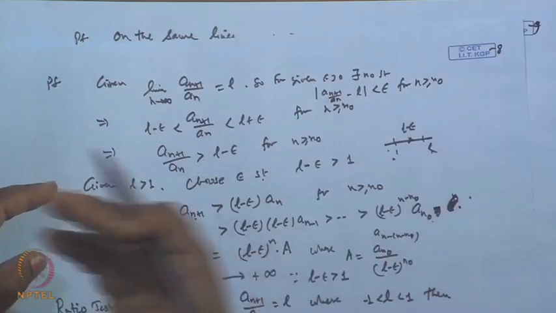So, I can remove the sign and apply, because the convergence or divergence behavior of the sequence does not depend on the sign of the terms. If all the terms have positive sign or if all the terms have negative sign, then both sequences will behave in the same way. If the first sequence diverges, the other will diverge.